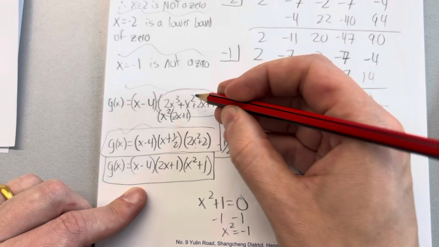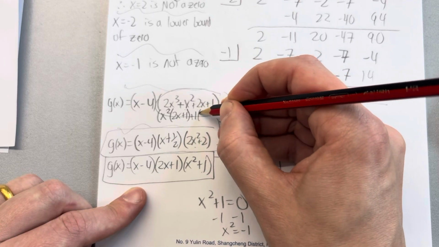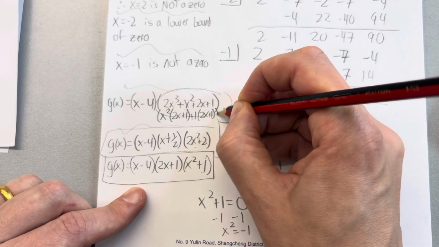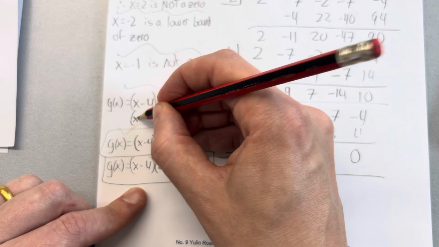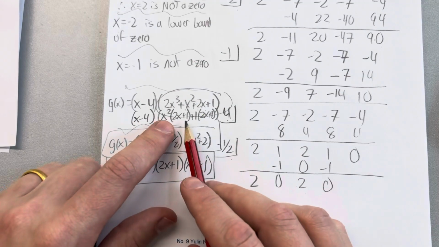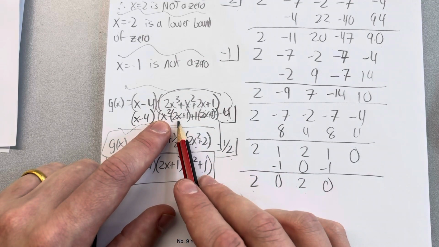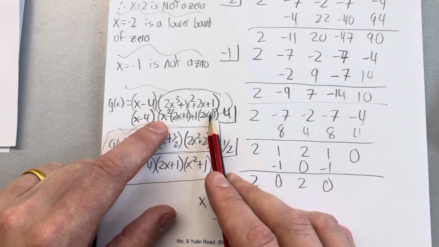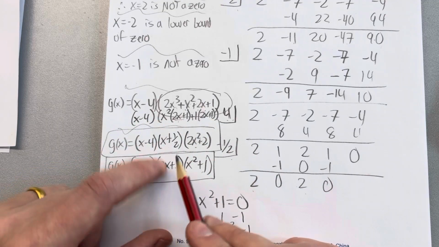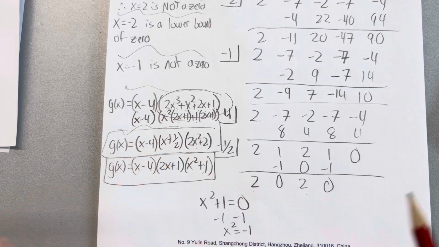And then here, factoring out 1, 2x plus 1. So, without using synthetic division, you could factor this by saying, oh, we have 2x plus 1, you can factor that out. And you have x squared plus 1.